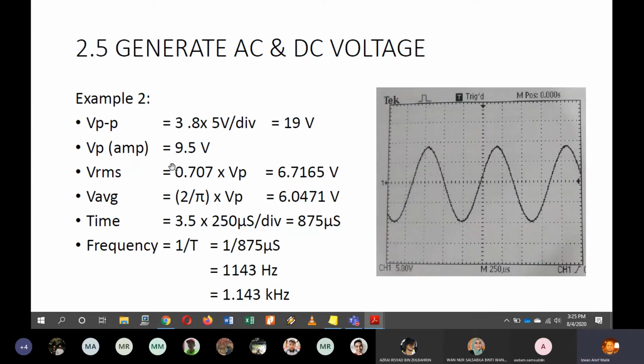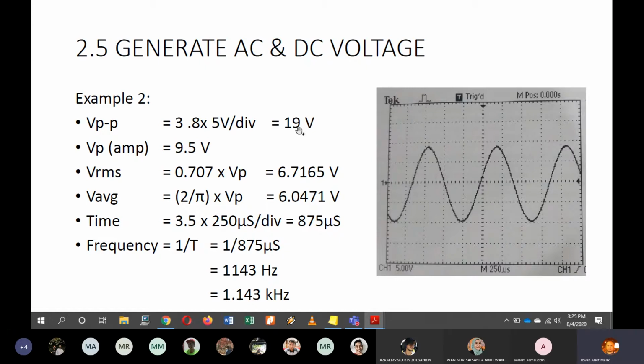So 3.8 multiplied with the value of each division, where from channel 1 the value is 5 volt. So for one division here is equivalent to 5 volts. So the V peak to peak is equivalent to 3.8 times 5 volt, which is 19 volt.